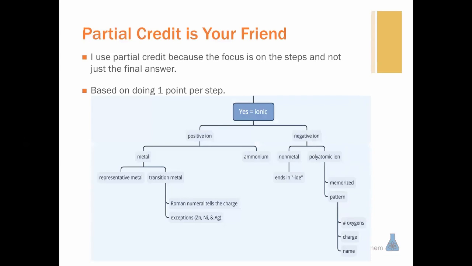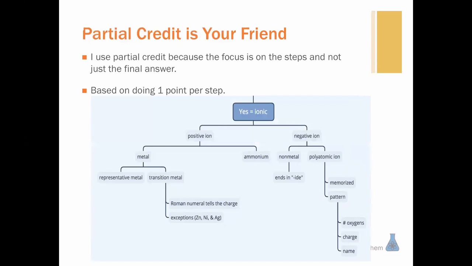Like I tell my kids with Roman numerals, because I think one of the hardest things in nomenclature is figuring out what that Roman numeral is supposed to be. If I give you a formula with a transition metal, trying to figure out what that Roman numeral is, especially for kids who are weaker in math, that's hard.